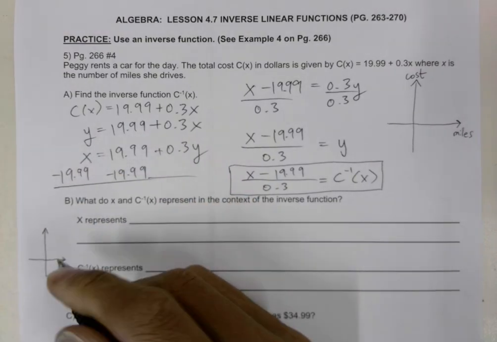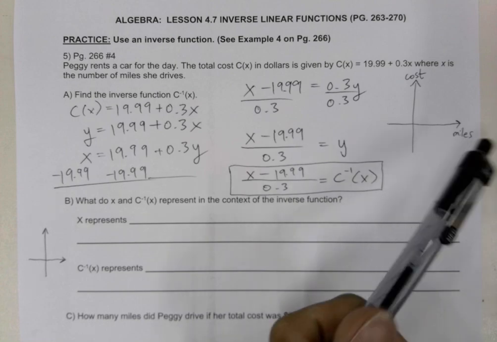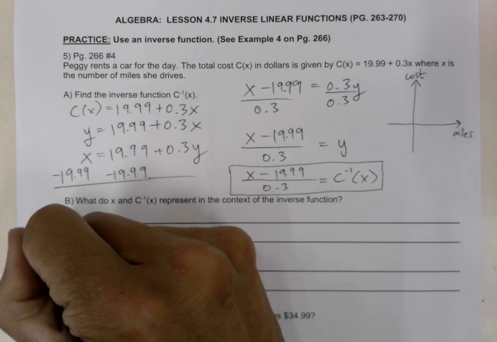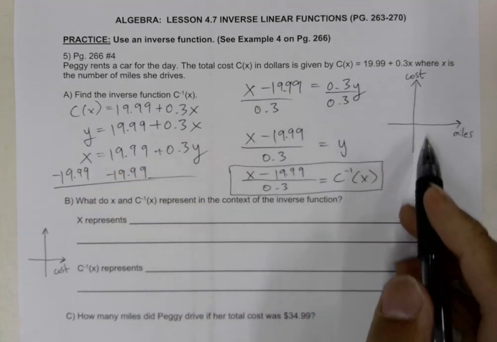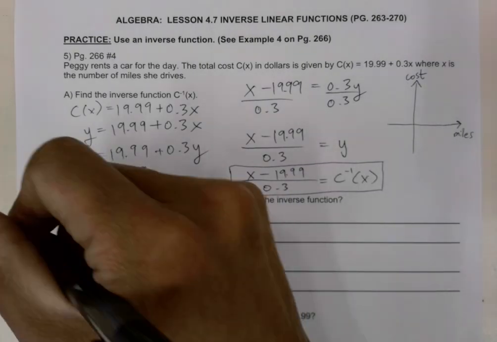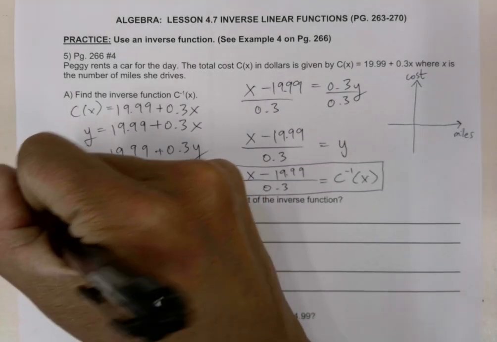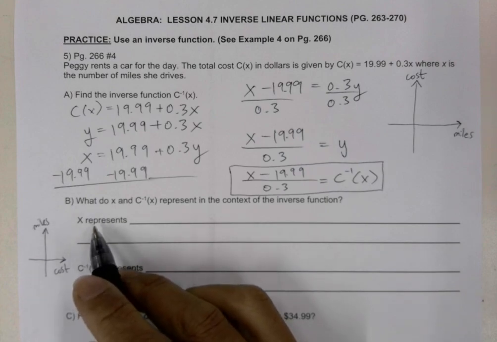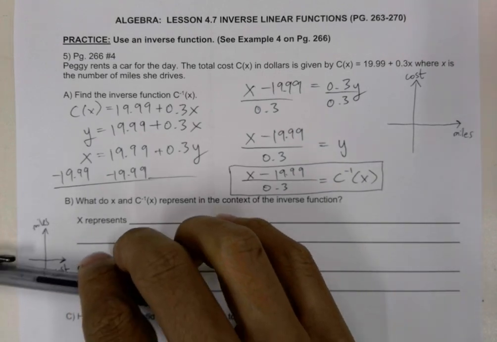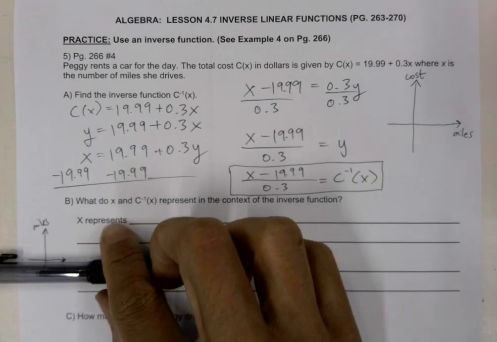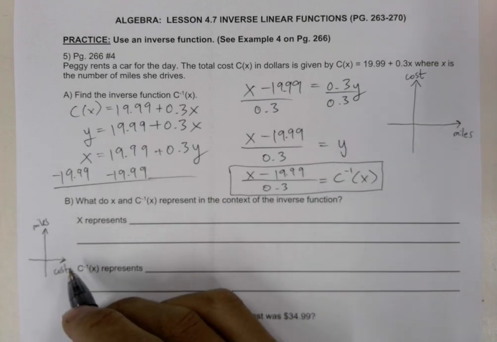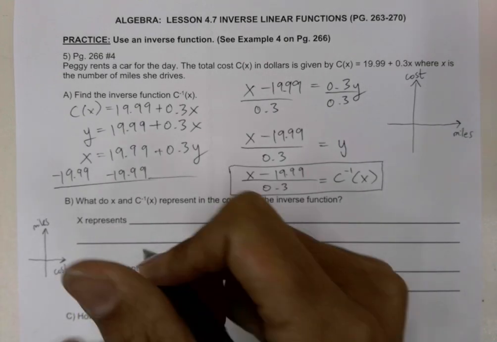We have our x-axis, which is no longer miles. It is now cost. We have our vertical axis, which is no longer cost, but it is now miles. So what does x represent? x is our horizontal axis. x represents the total cost.